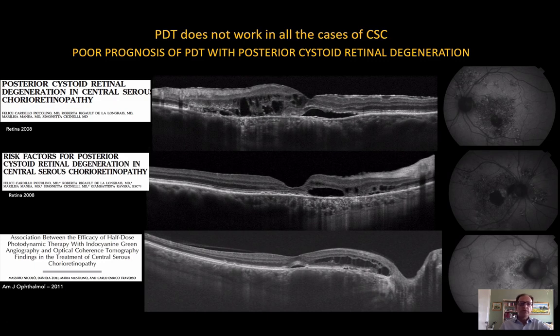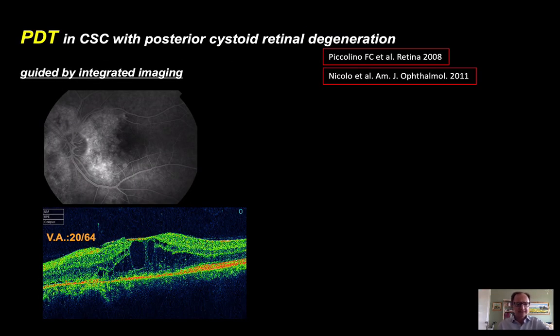However, we know that photodynamic therapy does not work in all cases of CSC. We know that in more advanced cases of chronic CSC, in which there is also a posterior cystoid retinal degeneration, photodynamic therapy is not so effective. This is a case that we frequently show to our colleagues.